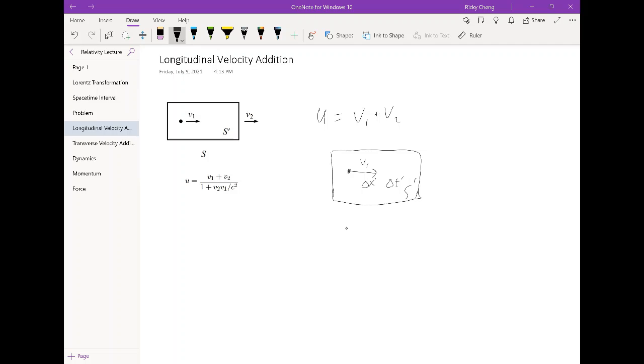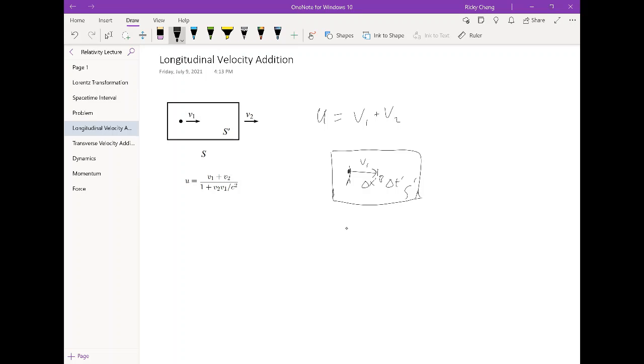So delta x prime and delta t prime are the distance and the time measured within S prime. Suppose it moves from this point to this point.